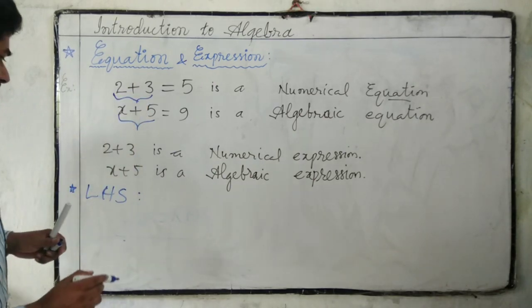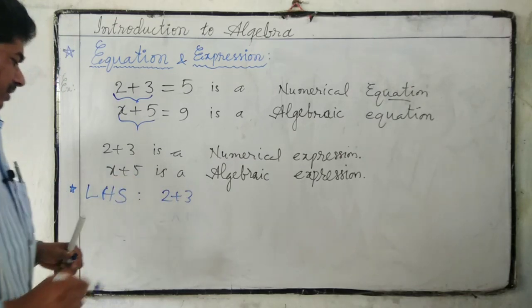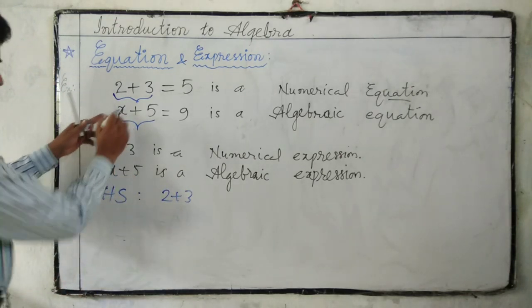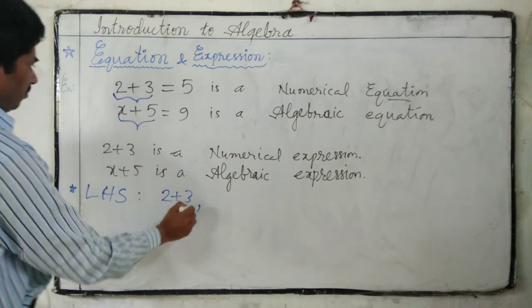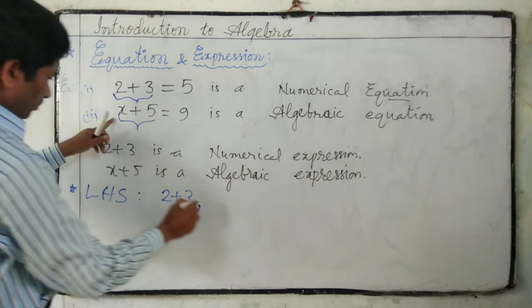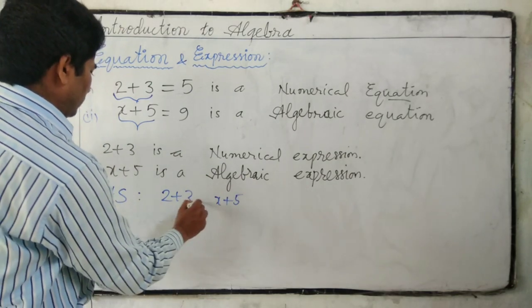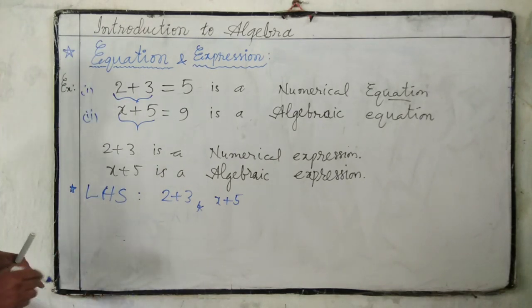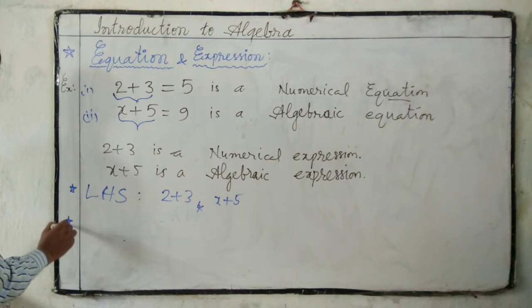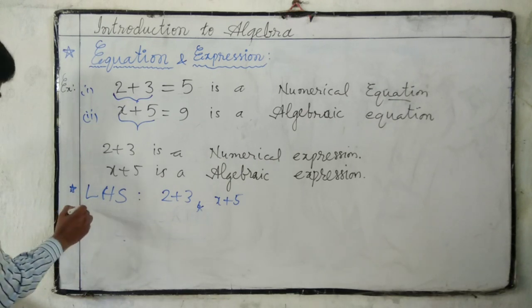In this equation, 2 plus 3 is the LHS. In this equation, LHS is x plus 5. These two are LHS. LHS, left hand side.